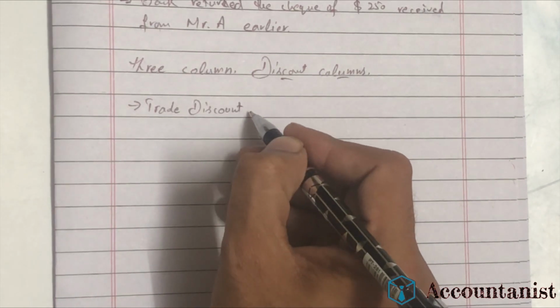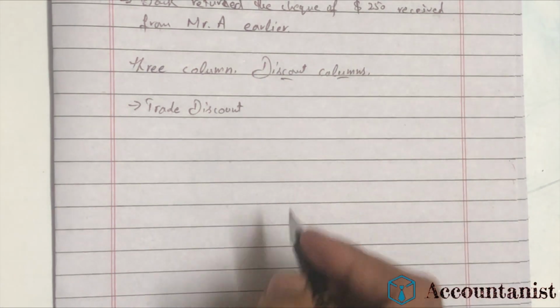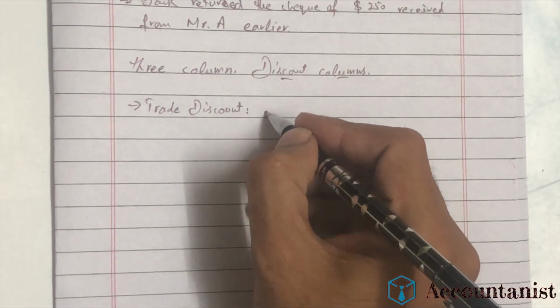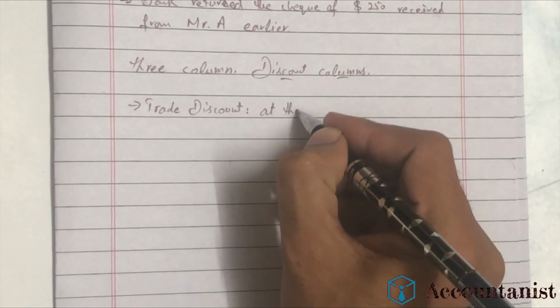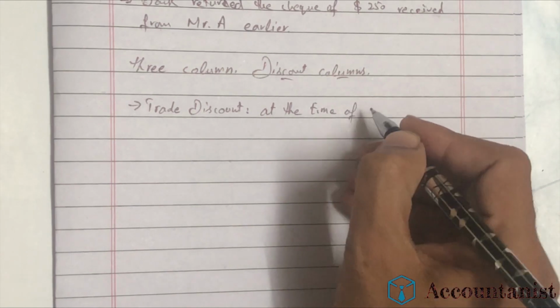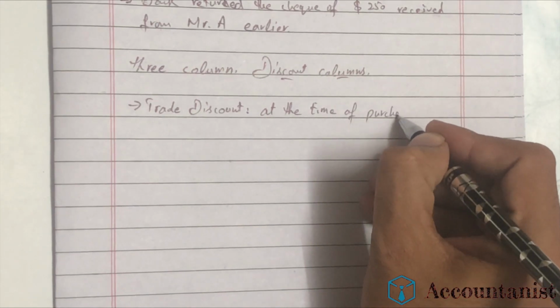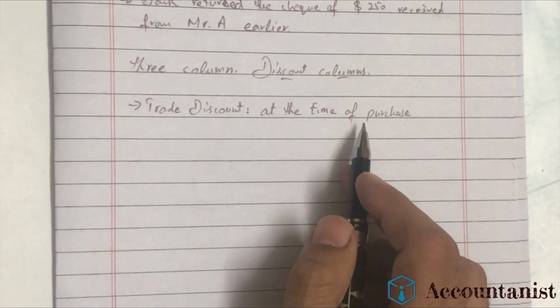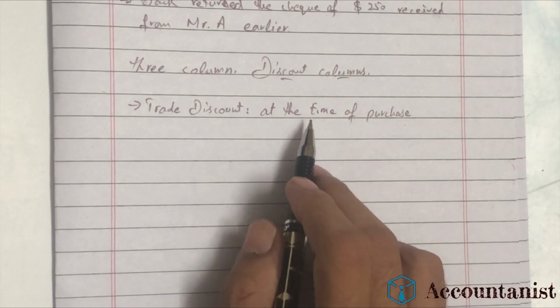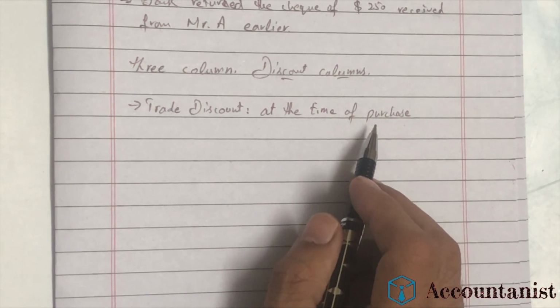Trade discount is the discount which is normally given at the time of purchase. So once we go shopping or purchase something, the discount that we receive at the time of purchase is called the trade discount.